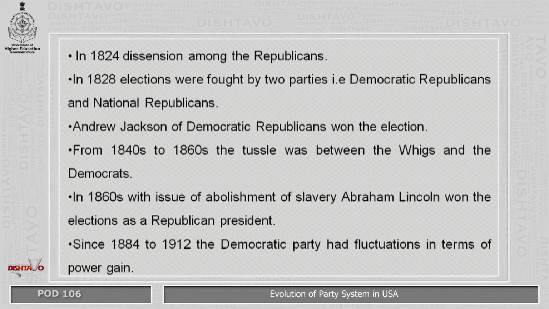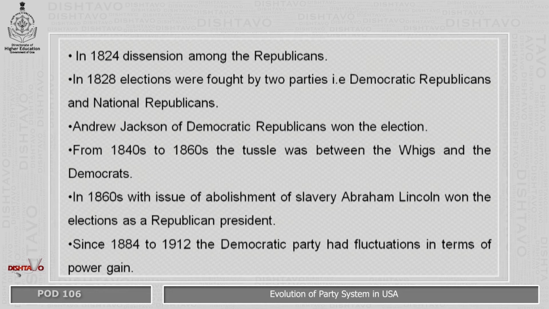These anti-federalists were called Republicans, and many groups were formed out of them. They were called Whigs too. The 1828 elections were fought by two parties that came out of the anti-federalists only: the Democratic Republicans and the National Republicans.